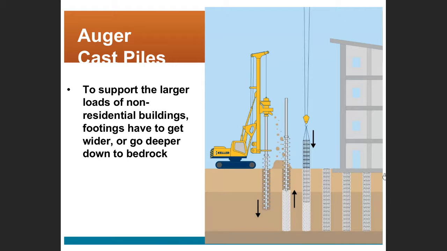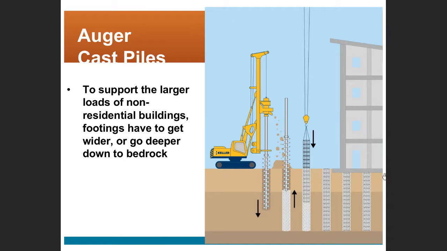They used to build on wide footings called raft foundations, and sometimes that worked and sometimes it didn't. Sometimes the building would settle or there'd be differential settlement. If you've ever been to the Auditorium Theater, you know that there's a lot of difference in some of the floor heights there because there's been differential settlement in that building.